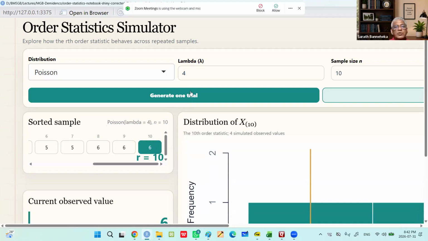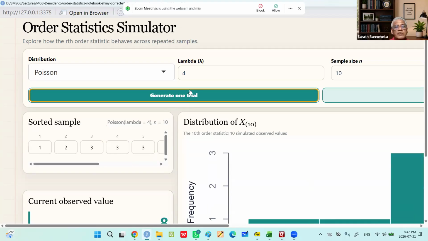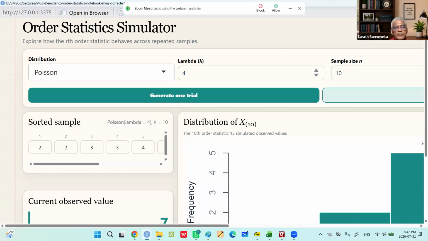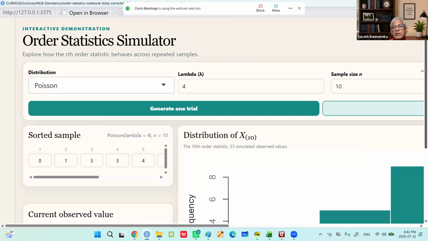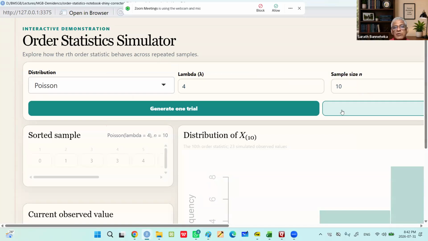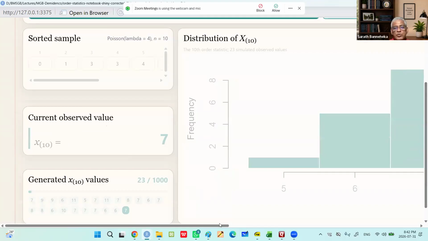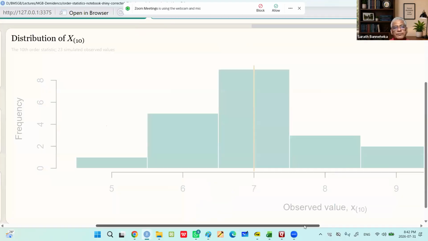So like that, if I do it again and again, I will generate several values. I have generated about 23 values here. These are the values that I got for x10, the 10th order statistic, or in this case, the maximum. If I ask the computer to generate the remaining values up to 10,000 values, I will be able to see the shape of the sampling distribution of x10.